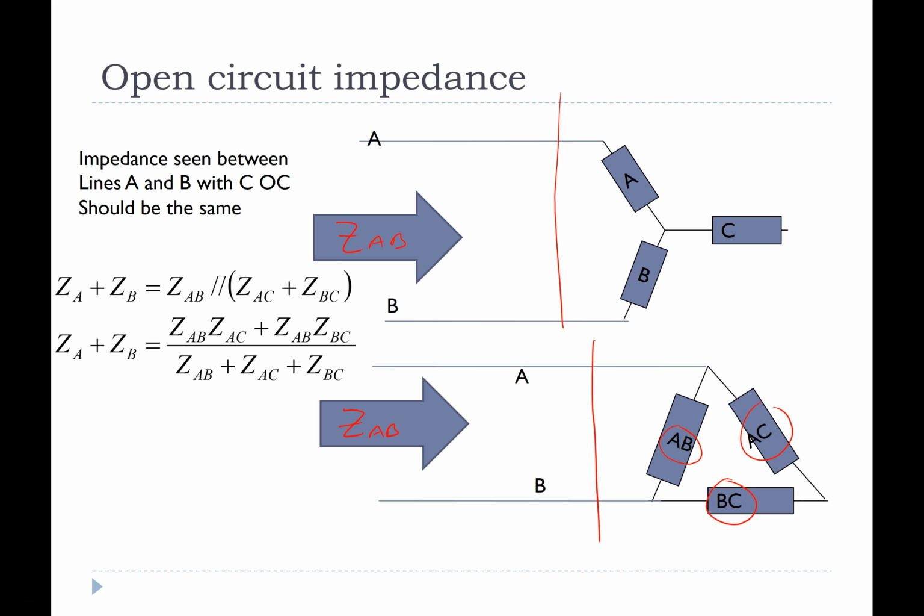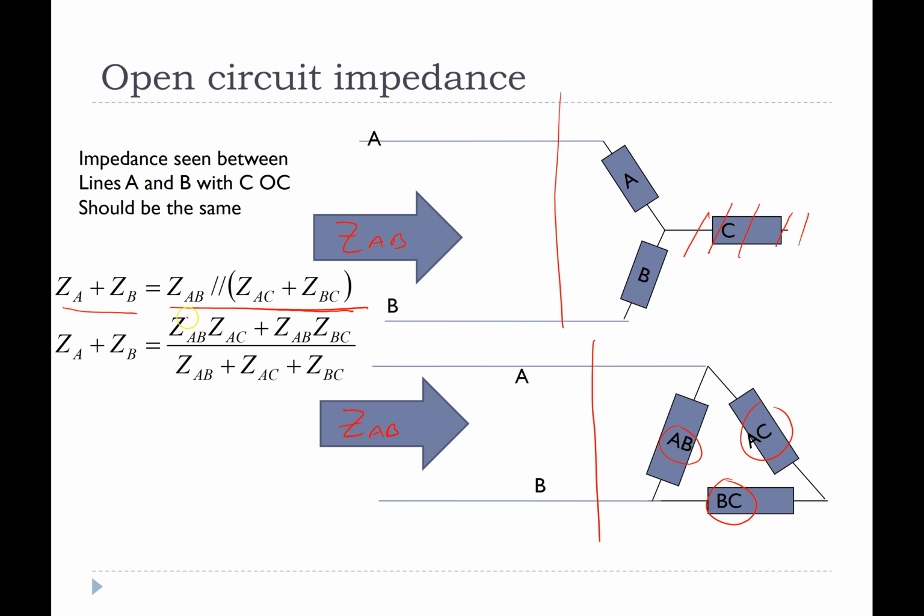If I look at ZAB here with this open, it's just going to be ZA plus ZB. And if I look in here, what I'm going to get is ZAB in parallel with ZAC plus ZBC.